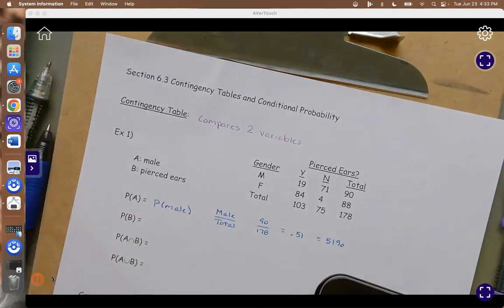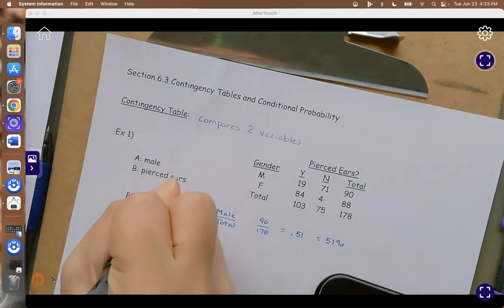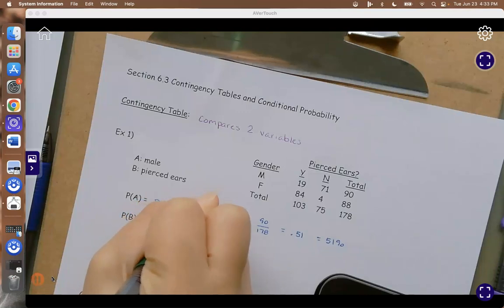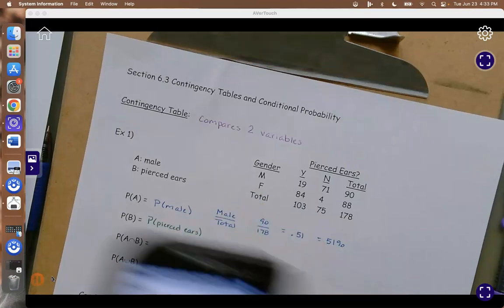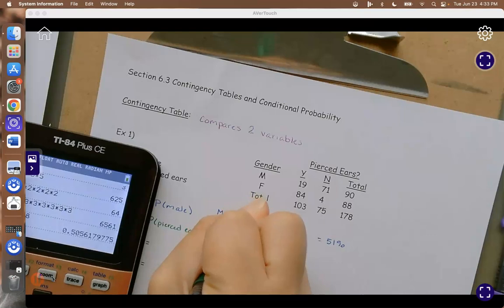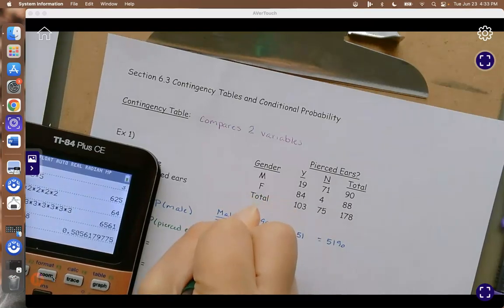Okay, next is the probability that the person has pierced ears. So again, we're going to work this the way we did the last one. So we're going to do pierced out of the total.